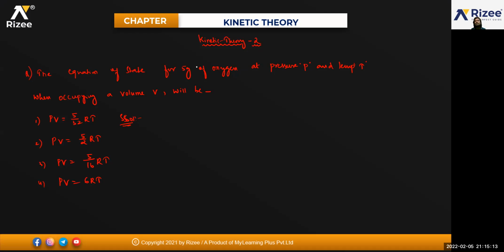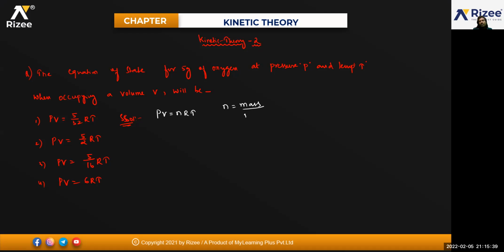The equation of state for 5 gram of oxygen at a pressure P and temperature T, when occupying a volume V, will be equal to how much? One step answer. Option A. Very good. So what is the formula, beta? PV is equals to N into R into T. N is equals to what I told you?